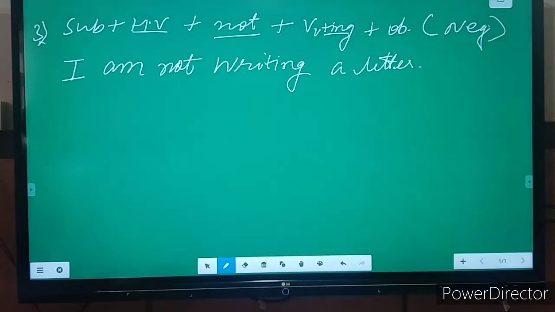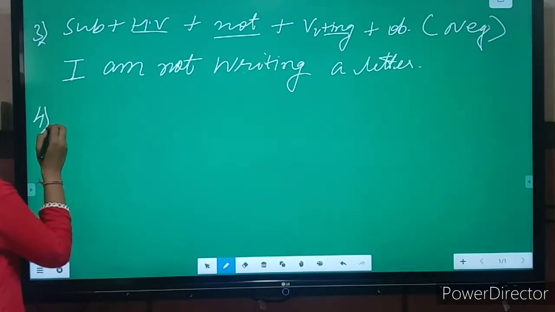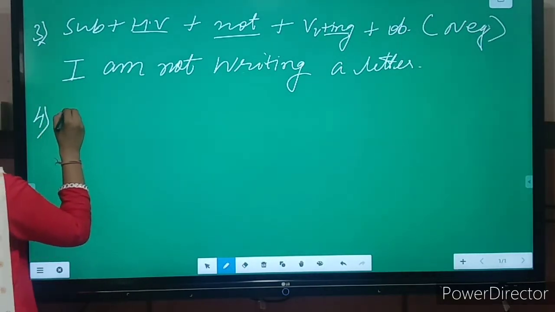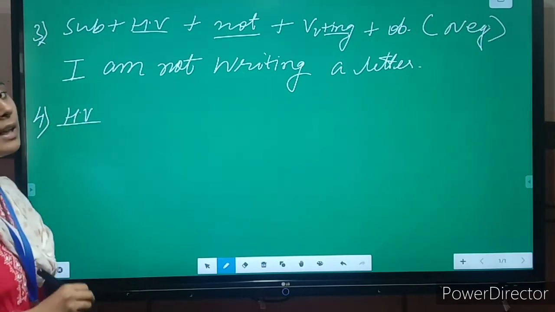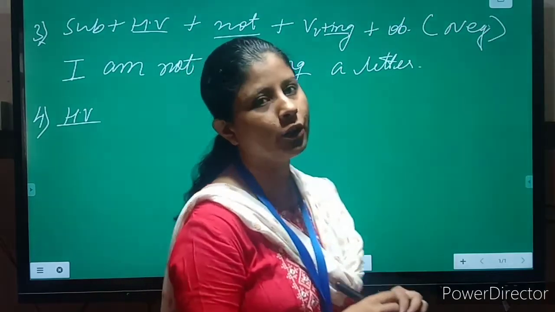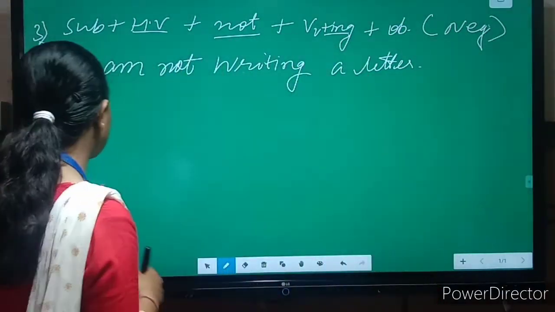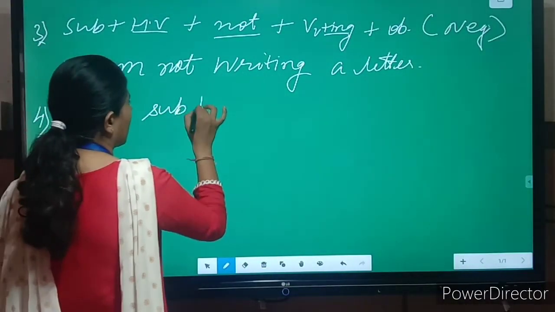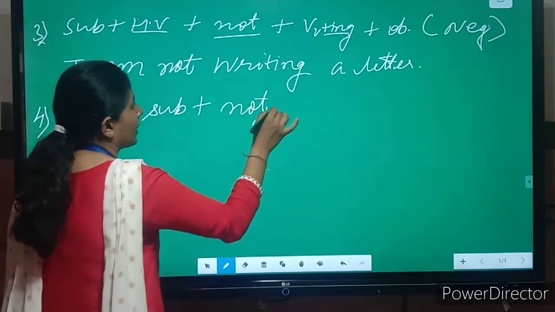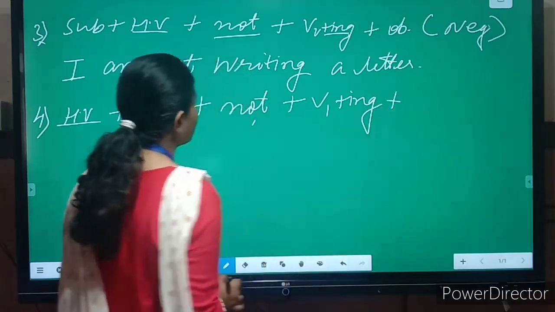Okay. So now the next, number 4, is how to form interrogative negative sentence. Clear? To form interrogative negative you need first a helping verb, and you know what the helping verbs are in the present continuous tense. In the present continuous tense there are three helping verbs: is, am and are. Clear? So here you have to add helping verb, and then you will add subject, and then you will add not. Okay, and then you will add verb first form along with the ing. Clear?